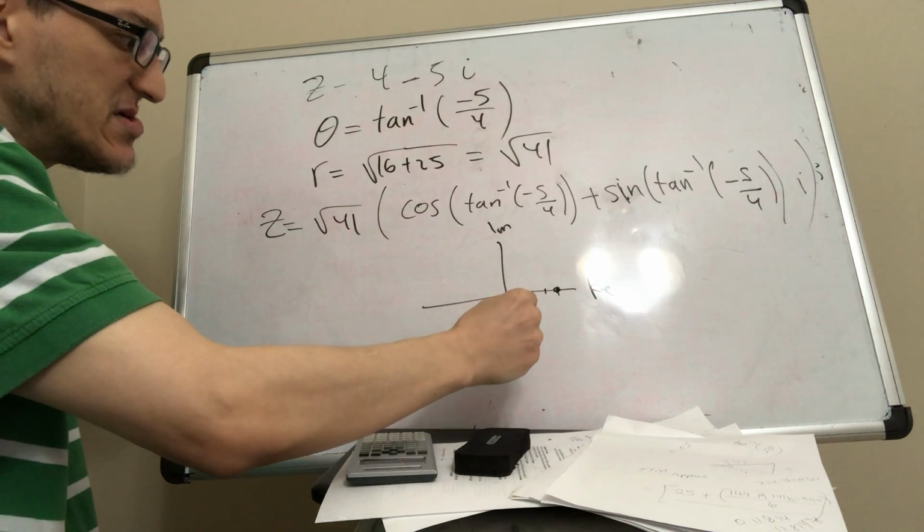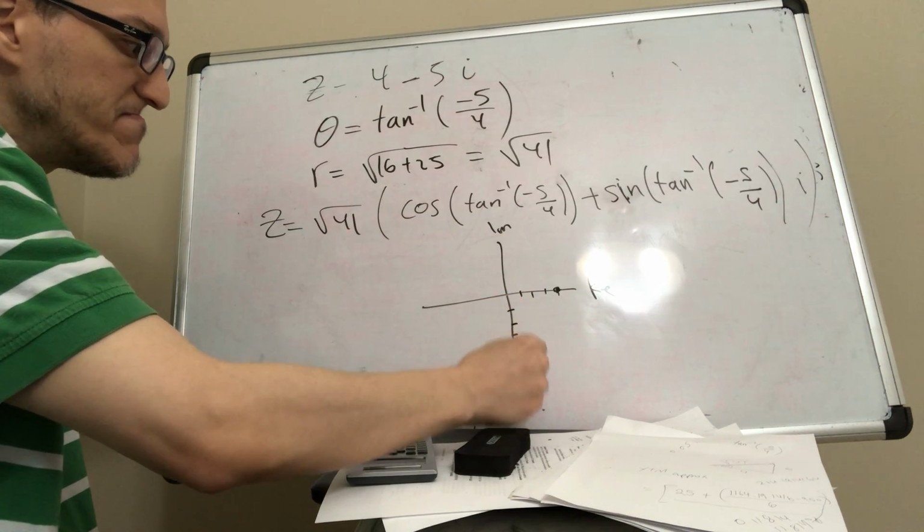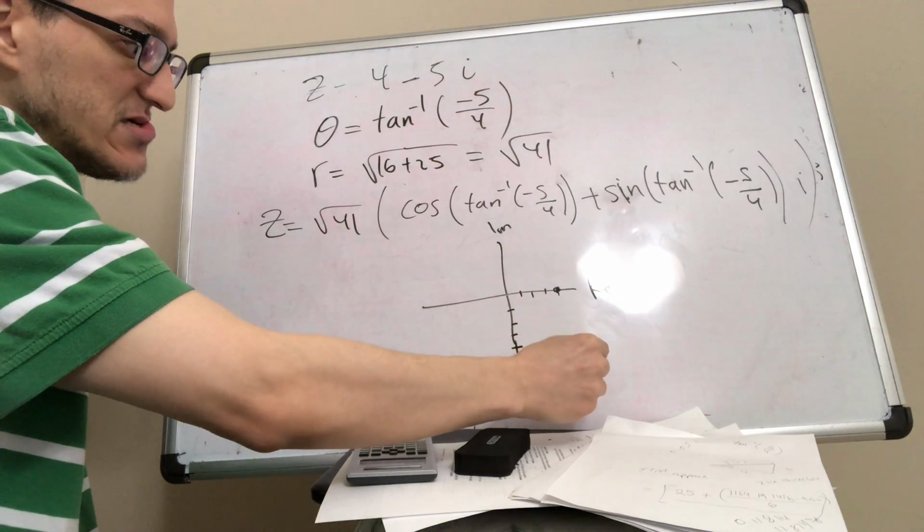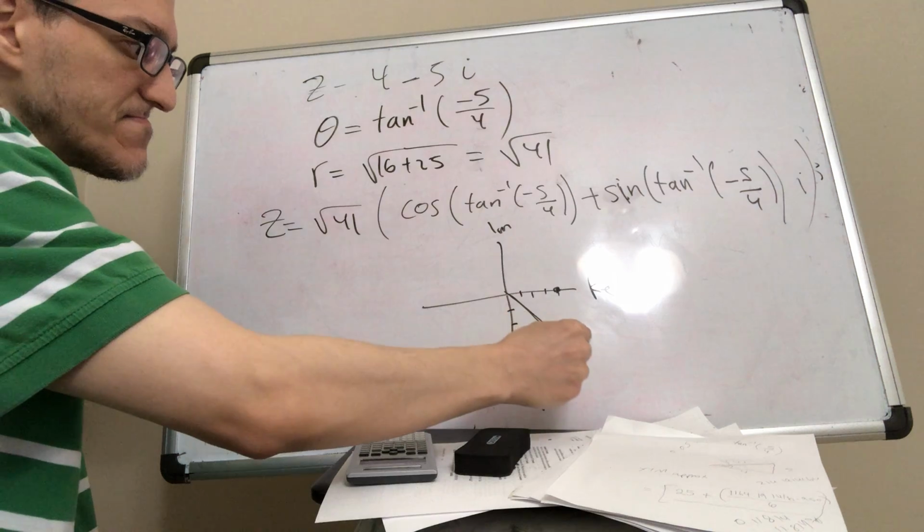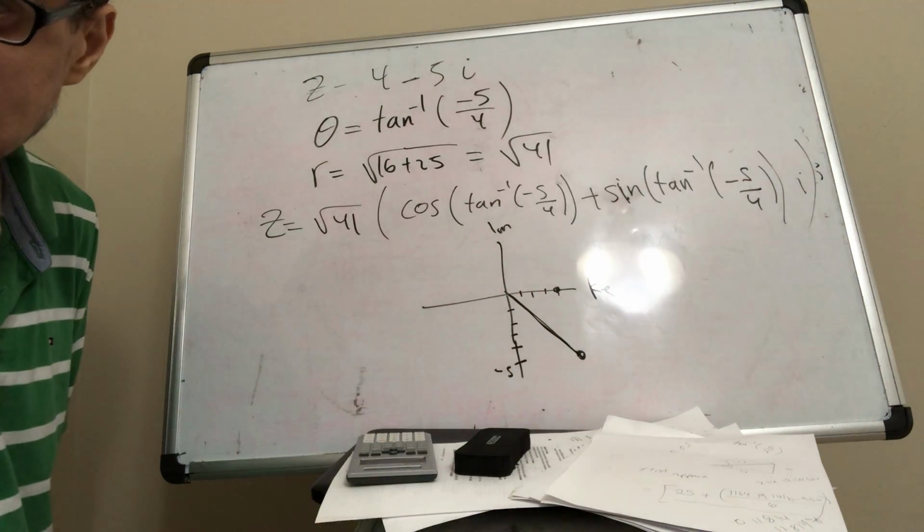But your imaginary is negative 5. So you go 1, 2, 3, 4, 5. So now this is the point, and this would be your angle.